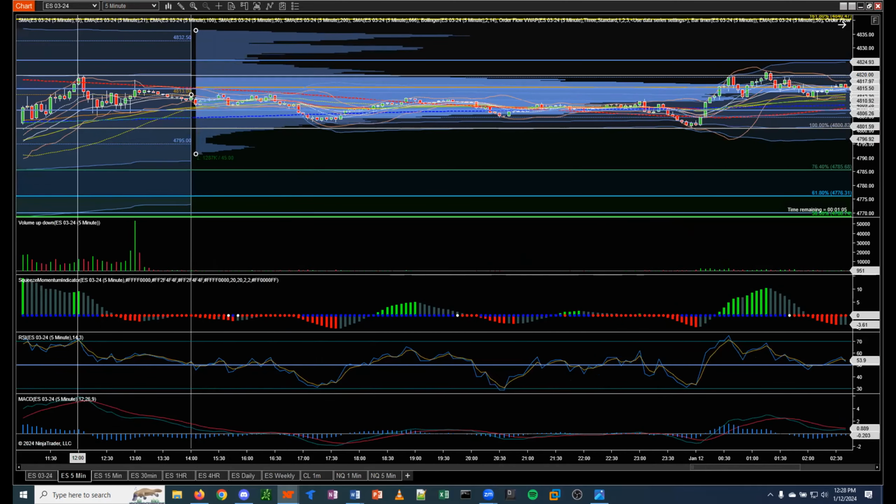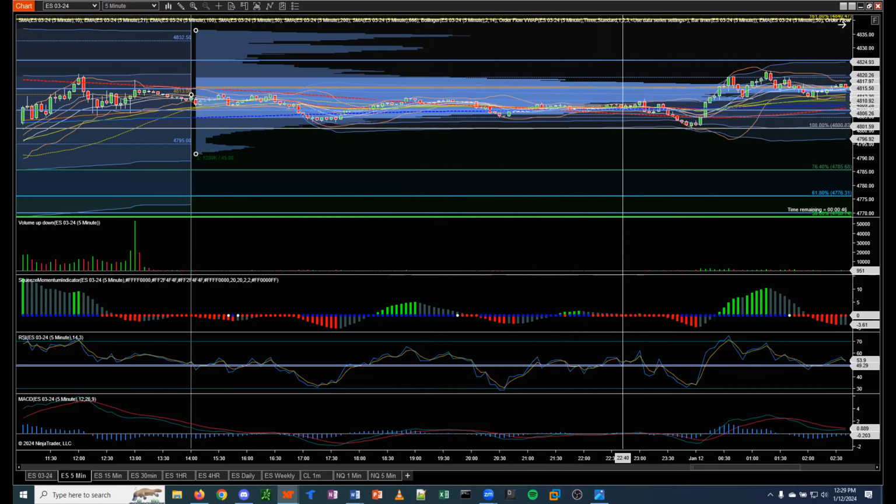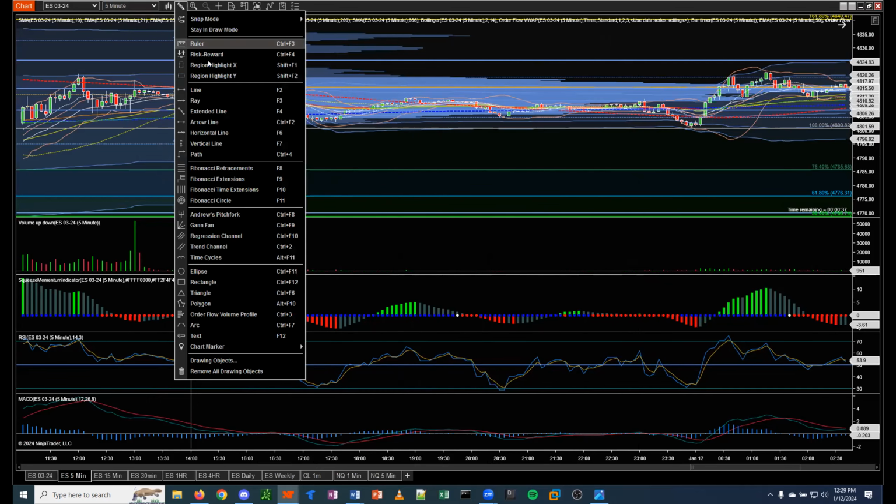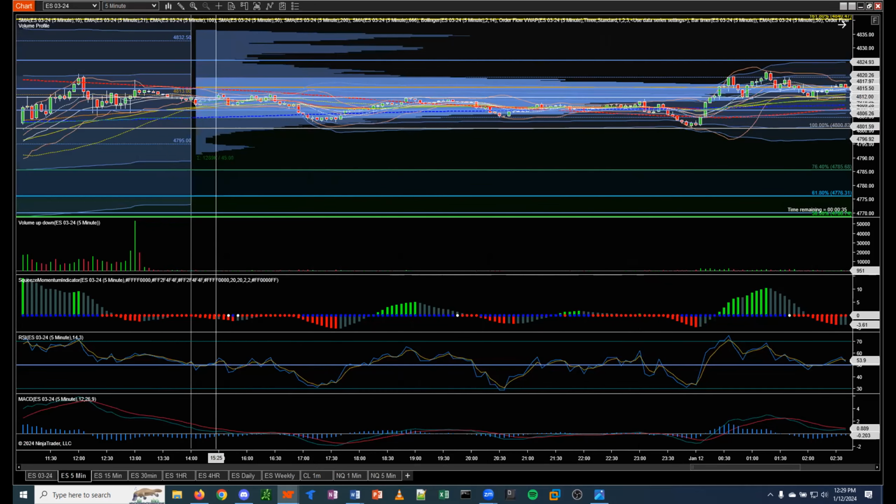If it's above, you want it to be above that resistance area before even thinking of getting in long. Even though price action is above the 50, you gotta wait for price action to be above this zone right here.